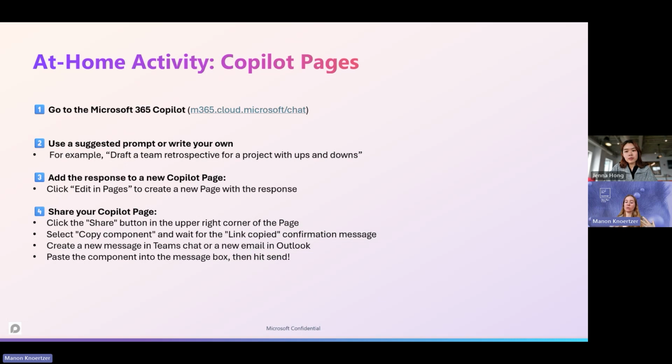So going to the Microsoft 365 Copilot home, going to the Copilot chat tab, and then you can use a suggested prompt, those were the little squares we were seeing, or you can write your own, or in this case, we just dropped in the same prompt that we went through together, drafting a team retrospective. Then the next step is to click that Edit in Pages button, create a new page, or add it to an existing one, and then go ahead and share that in Teams or in Outlook.